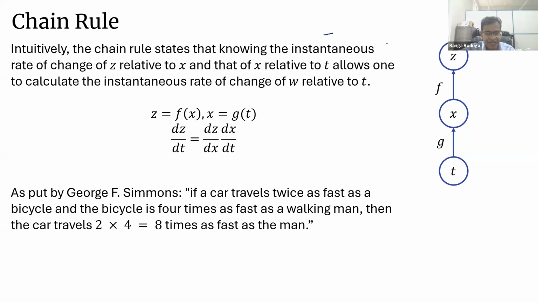So I'll give you a second to read this part. So look at this now. Our z is a function of x through f. z is equal to f(x) and x is equal to g(t). So this is the computational graph. You can see that, right? Yeah. So what is dz by dt?